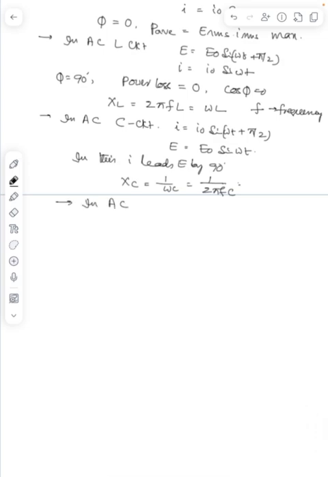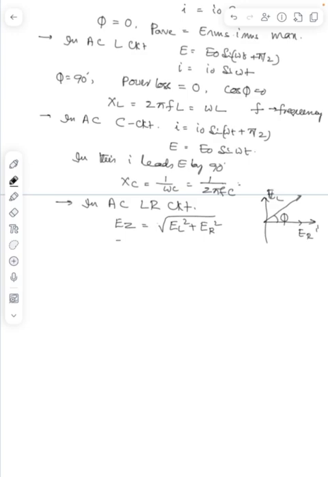In an AC LR circuit, voltage E Z equal to root of E L square plus E R square. My current is always along the x-axis. This is E L and this is E R. Resultant lies along this direction.